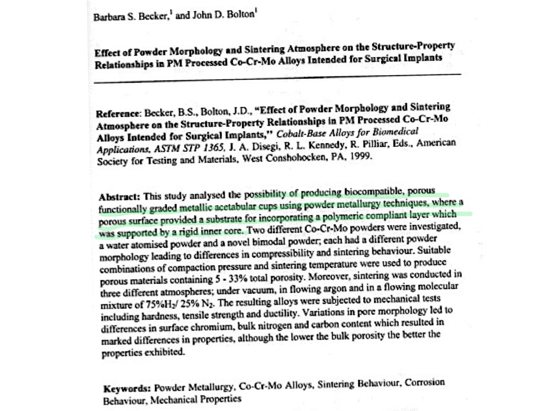He says that we want to make a cobalt chrome moly cup, and inside of it we want to put a polyethylene liner that then penetrates into that metallic acetabular cup. So they want to have pores in there so that the polyethylene will go into those pores and form a really strong bond. I'd love to tell you this is what's done now, but it's not. But the point being that this is a real problem even now.